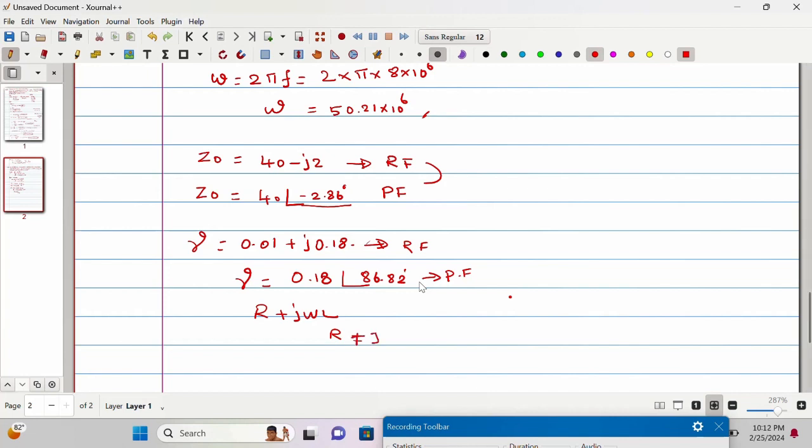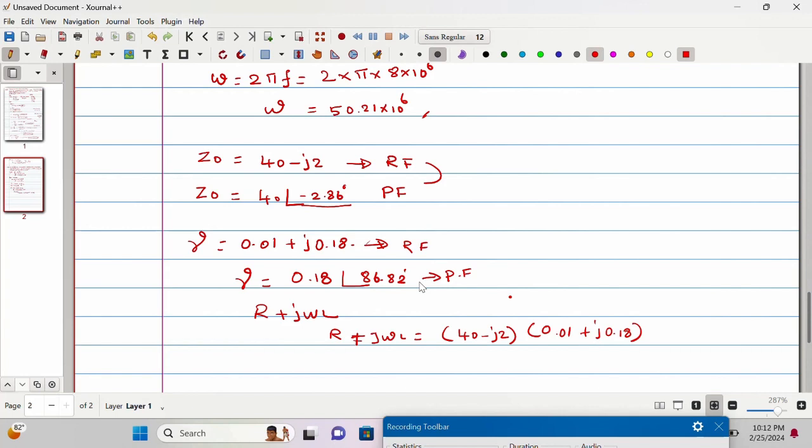R plus j omega L equals Z0 into gamma, that is 40 minus j2 into 0.01 plus j0.18. Just a minute, actually here the value is 0.01.